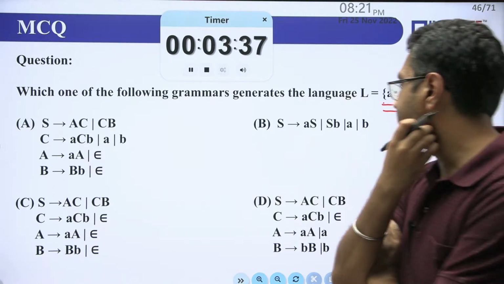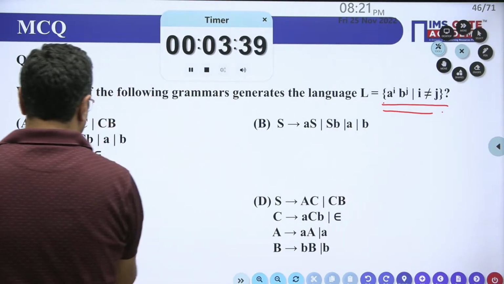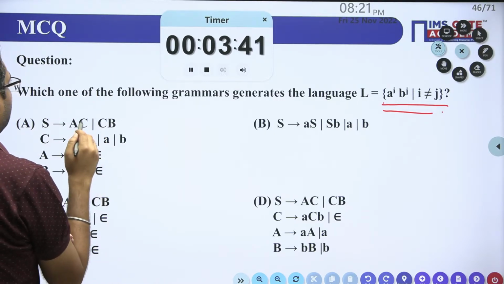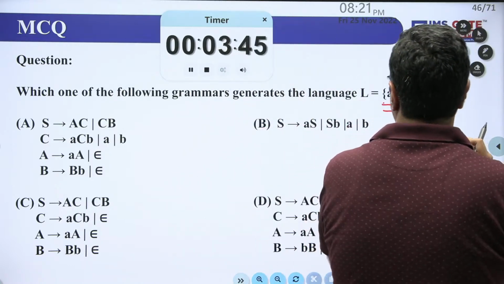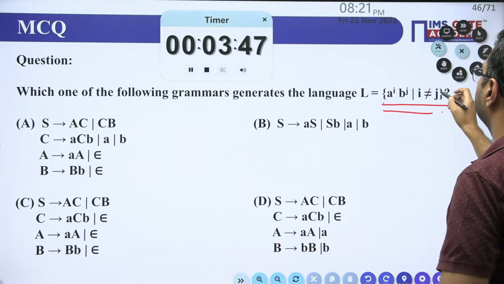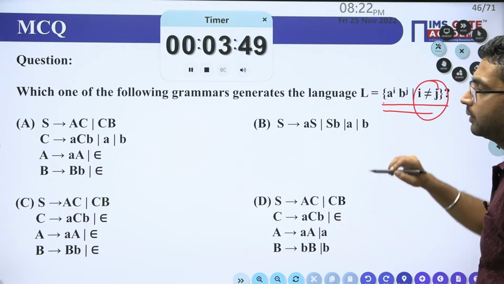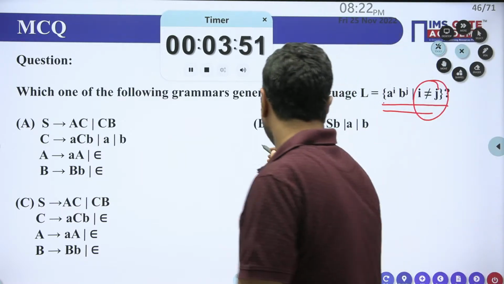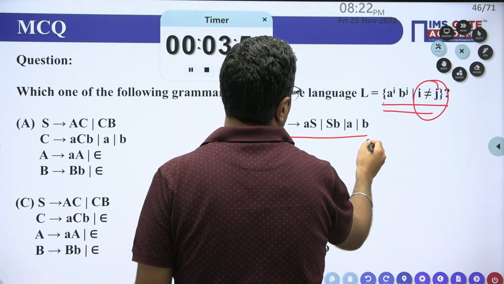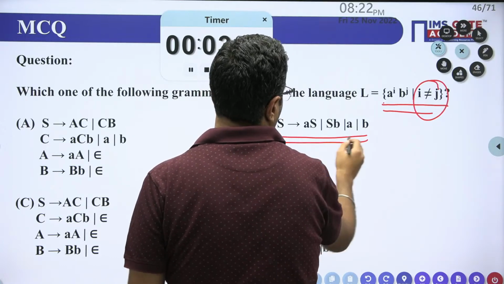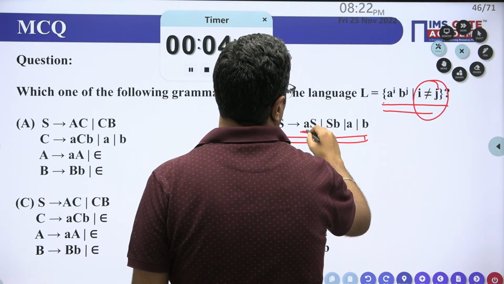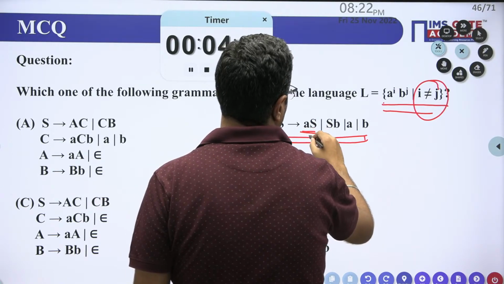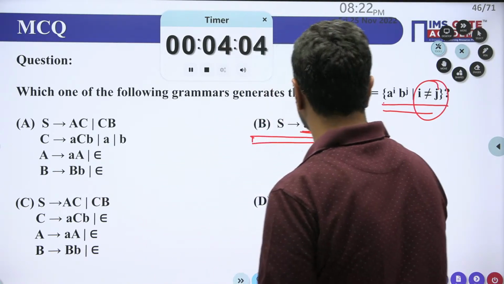Okay, so meanwhile, let's try to see which one of the following grammars generates the language L, where L is a to the power i, b to the power j, and i is not equal to j, right? Now option B, what will it produce?